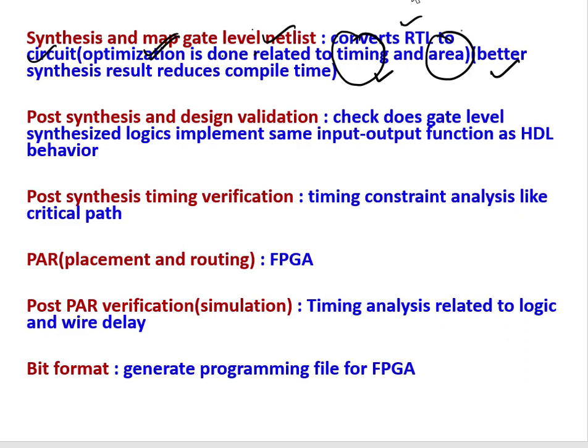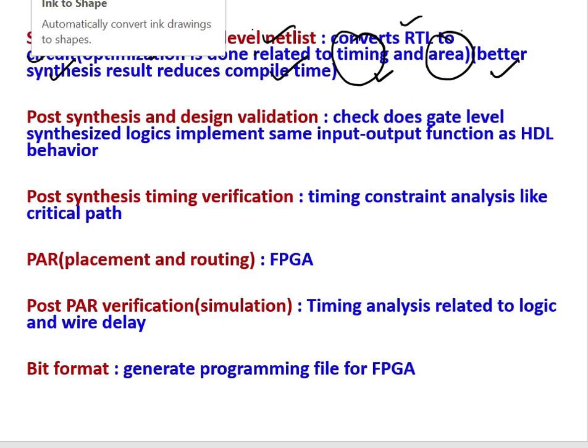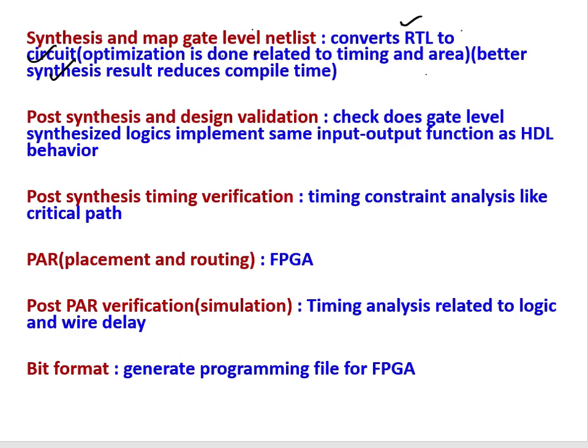Because if we get a better synthesis result, then it reduces the compile time. So if someone asks you what is synthesis, the answer is it is converting RTL to circuit, and we do the optimization, timing optimization and area optimization.